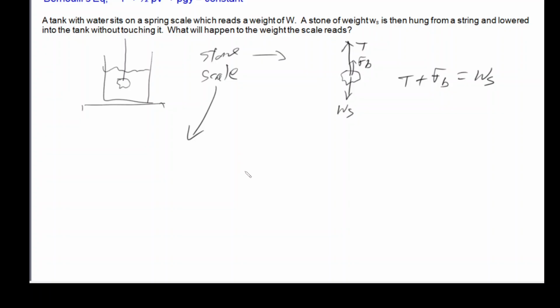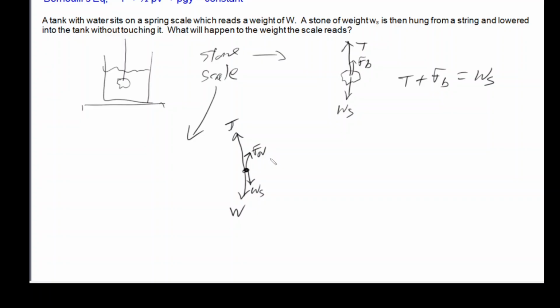Now, in the scale system, if we look at the forces, you have the weight of the water and tank, you have the weight of the stone, you have the tension of the string, and you have the normal force. And the normal force is what you see on the scale as the reading.